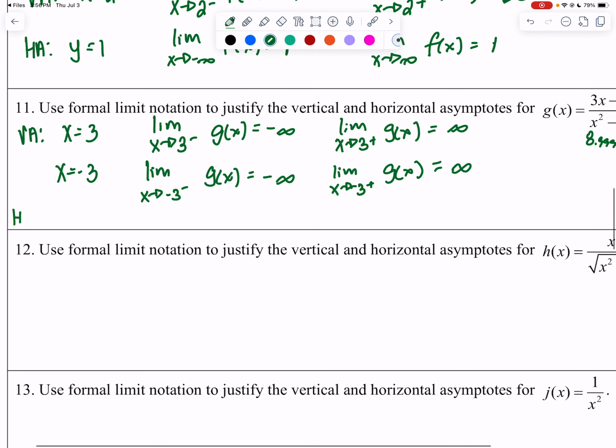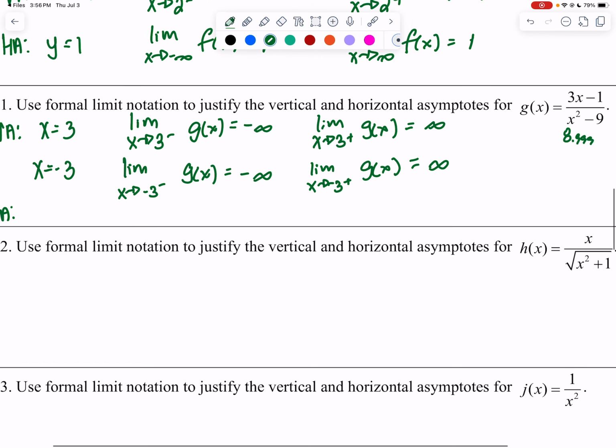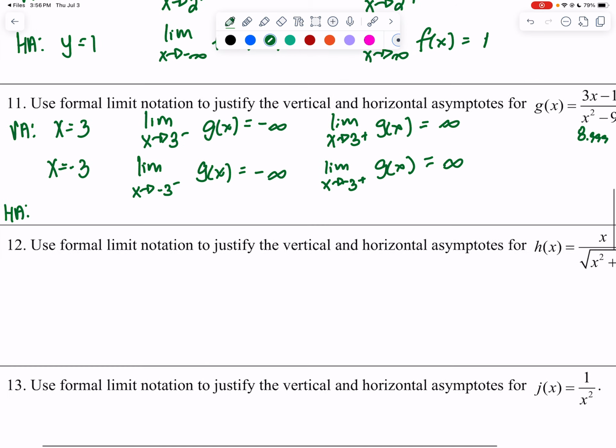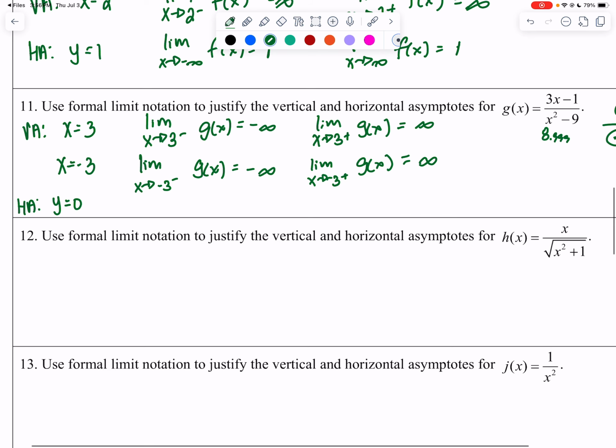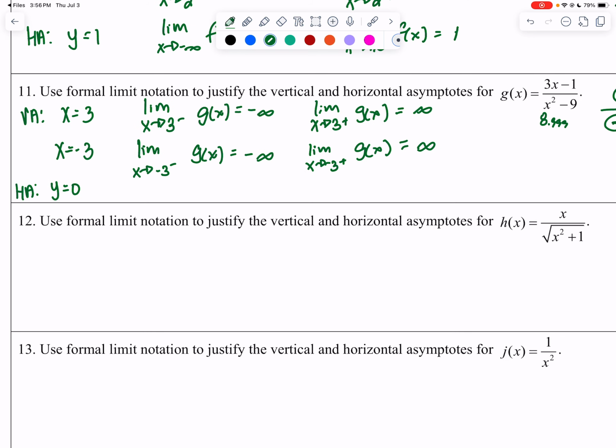And then if I were to look at my horizontal asymptote here, because this is technically a rational function, this is going to be y is equal to 0. Since we could look at our relative growth rate and see that x squared is going to grow faster than x, which means that eventually this function right here is going to approach 0 from the left side and the right side of this lovely function right here.